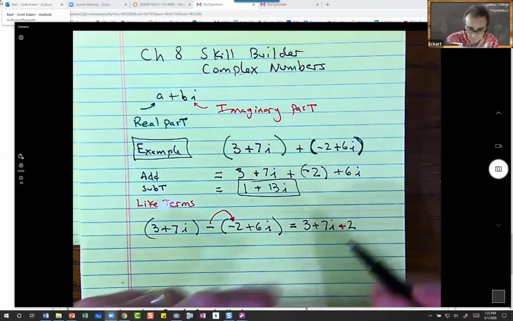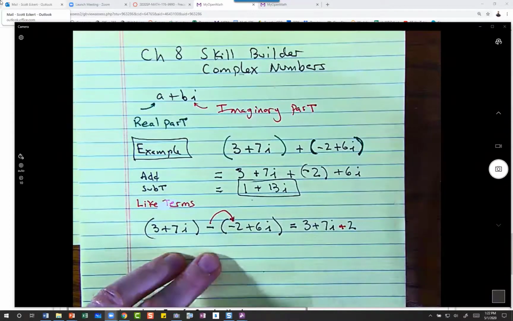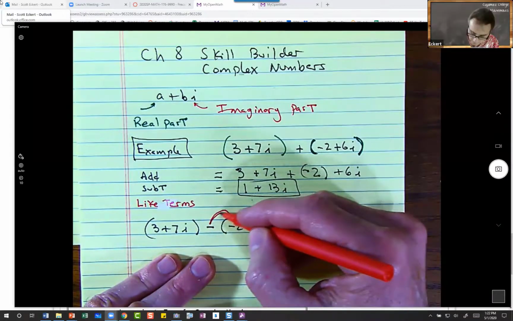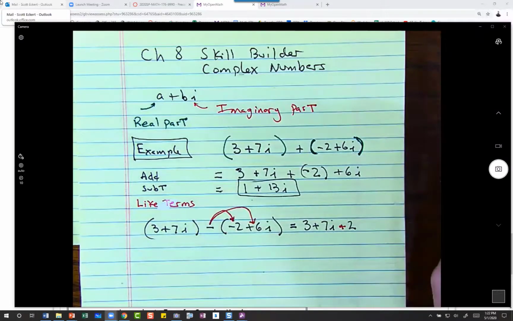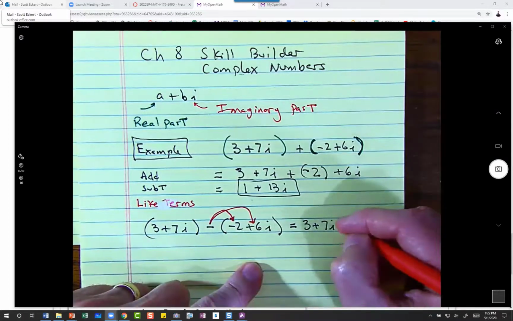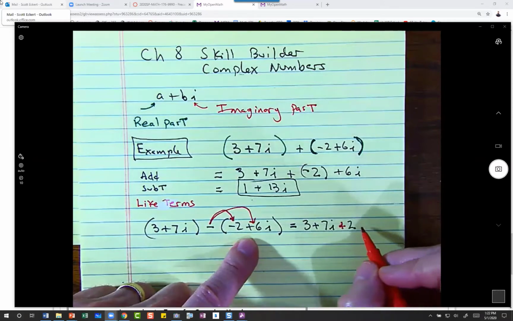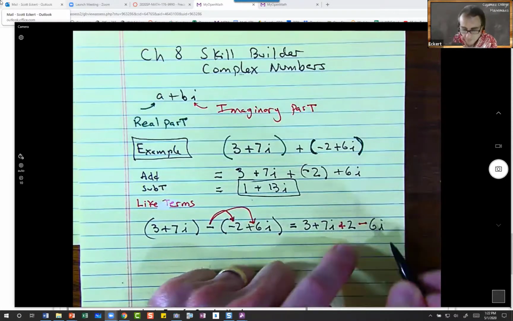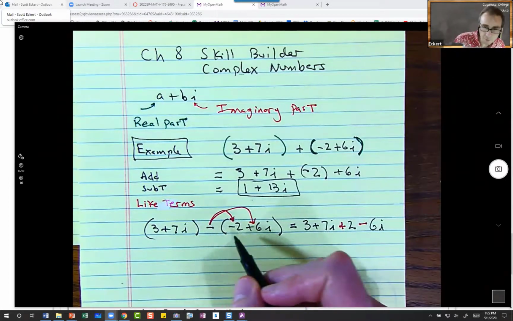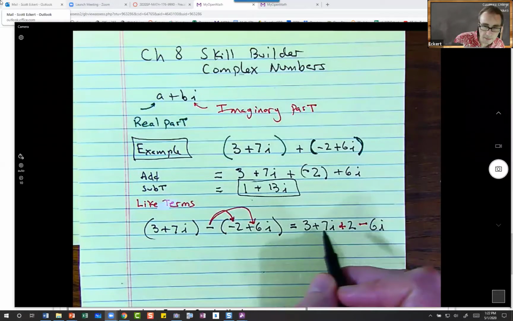But that's not all. This minus on the outside of the complex number has to distribute. So what's my next sign? Negative 6i. Notice how the subtraction distributed changed both signs.